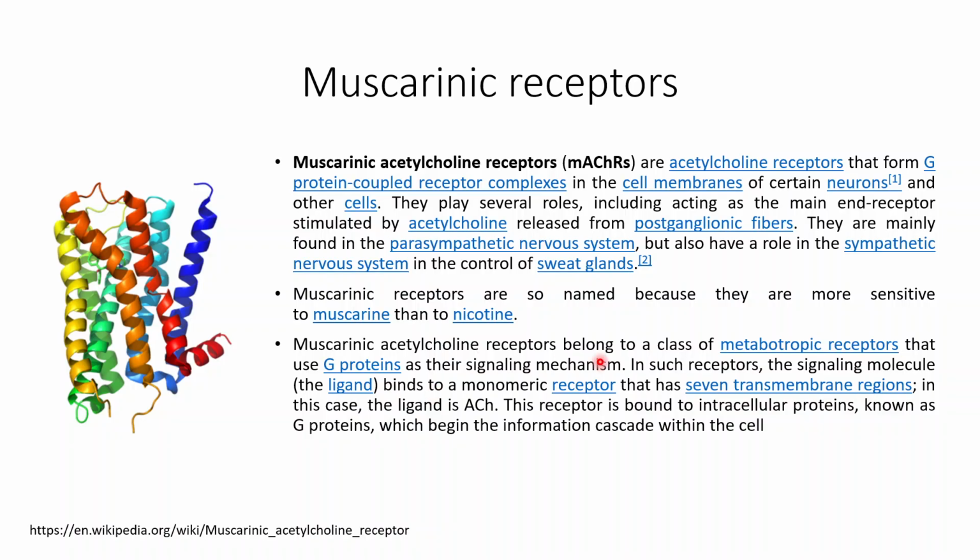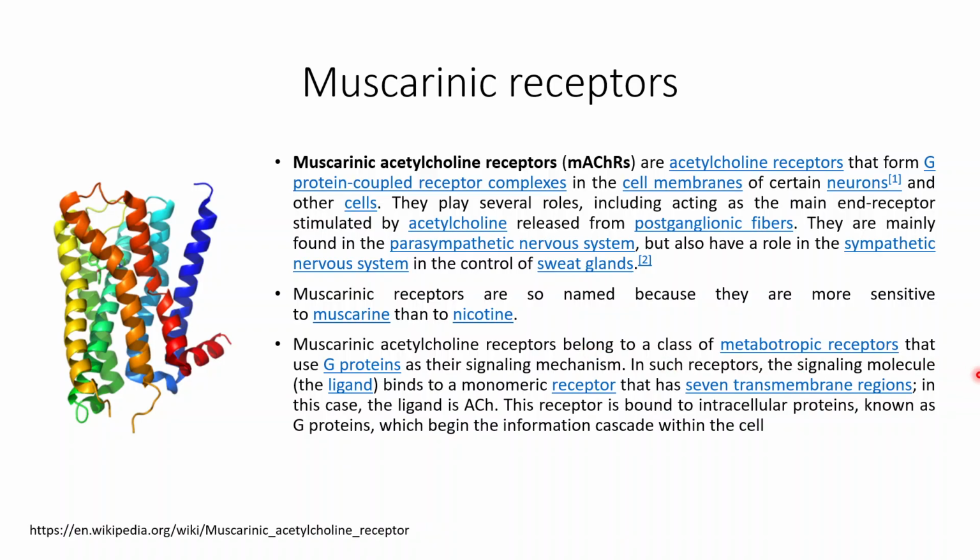And these belong to a different class of receptors. They're not ionotropic, but metabotropic receptors. So what does that mean? They use G proteins as their signaling mechanism. So they are not linked functionally to ion channels. Binding of the ligand does not induce direct ionic changes, but it moves via G proteins, which can then lead to ionic flux changes.